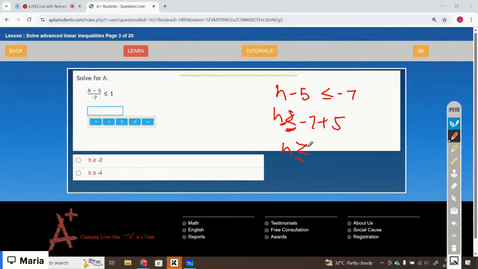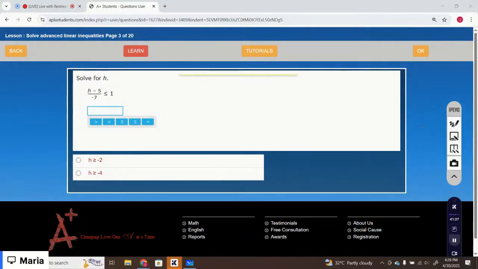So H is greater than or equal to negative 2, because you multiplied by negative 7 on the other side. Option number 1 is the correct option.